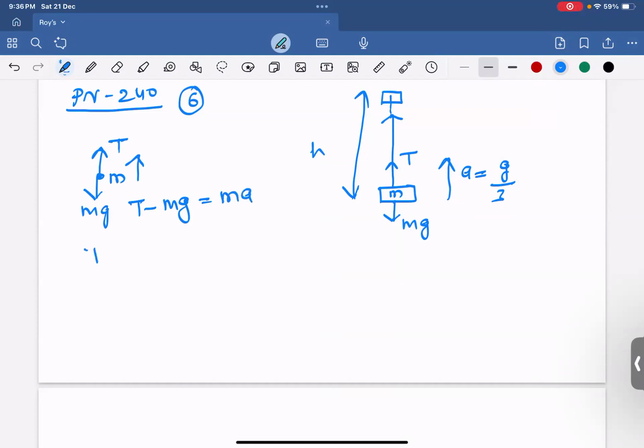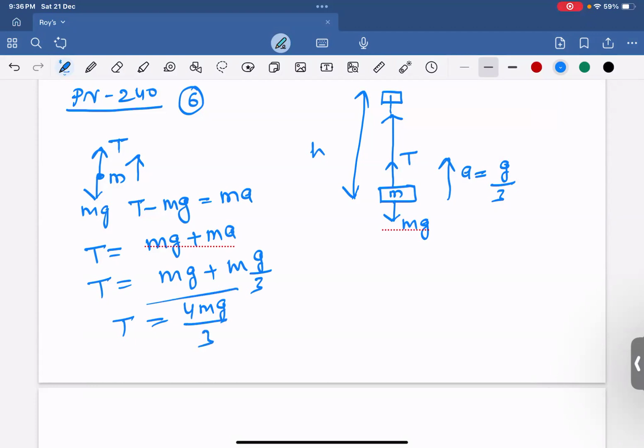So T should be mg plus ma, and in place of a I can use g by 3 that is given there. So T is 3 plus 1, 4mg by 3.